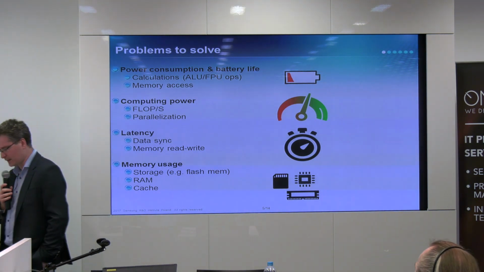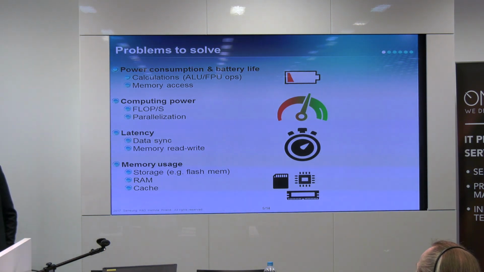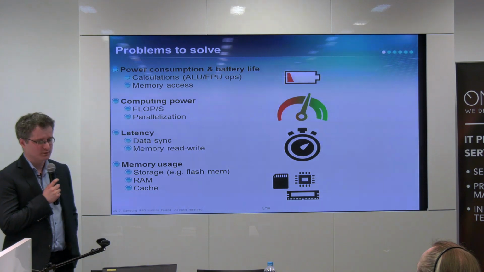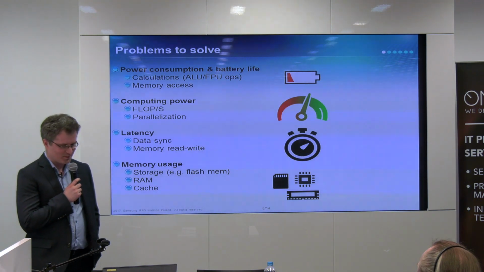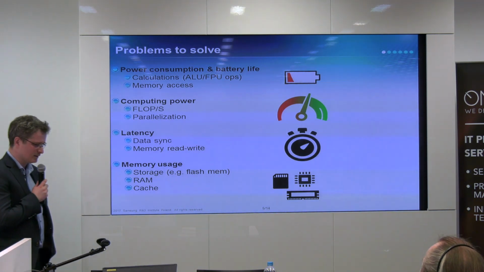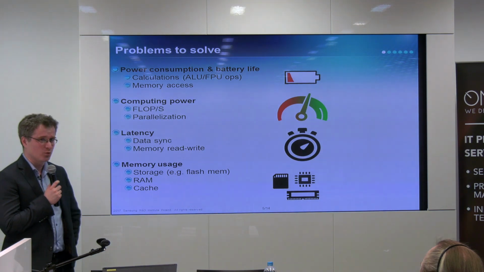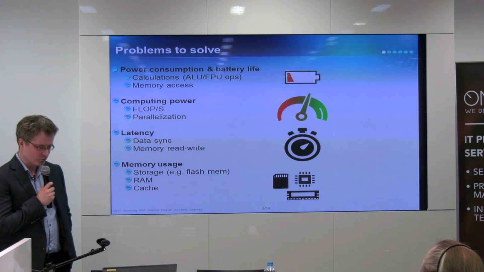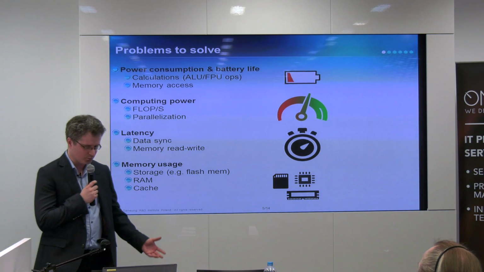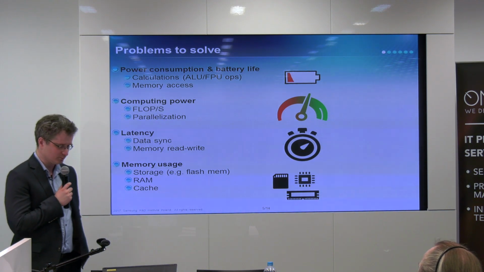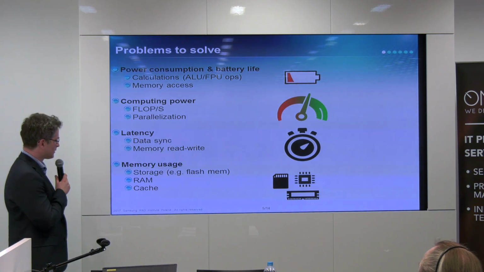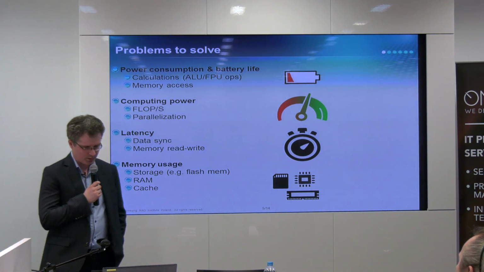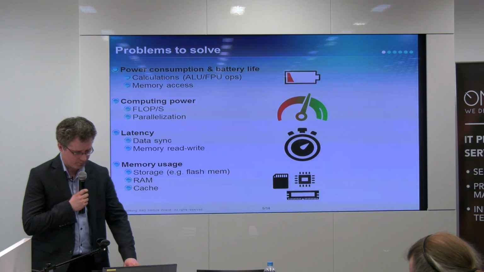The other thing is that these devices have limited computation power when you compare to these devices where we learn the deep networks. The third is the latency. So we want our applications to work real time. So we don't want to wait for the response too long. Therefore, we have also to solve some problems with that. And the last but not least is the memory usage. I will show you where is the problem.